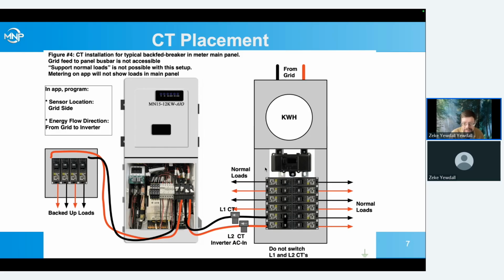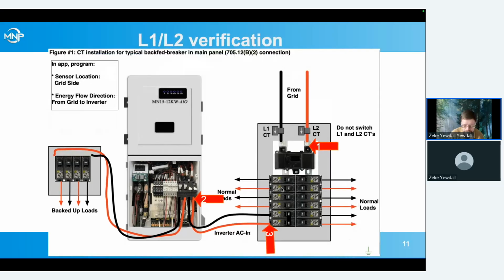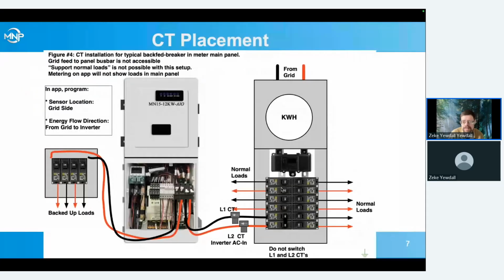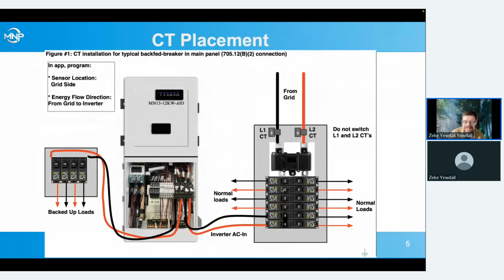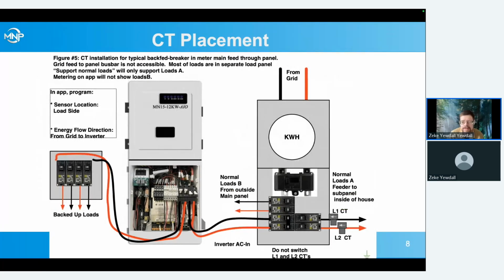Now, there are some ways around that. Here's a common situation, let me go back to that picture. There we go. Here we have a common one where there's a meter main on the outside of the building, and I show it as a sub breaker here, but often it's the feed through lugs in the bottom of this panel that goes into an indoor panel.